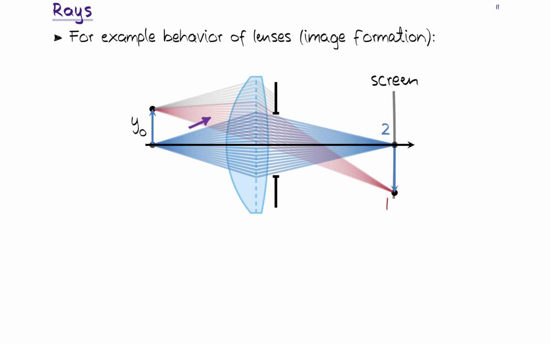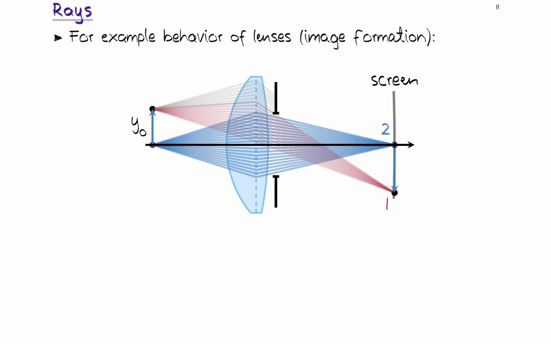These kinds of processes can be understood quite well using the ray description of light. We don't need to deal with diffraction most of the time, but rather can use simple calculations and draw quite simple figures to understand what happens. This is nice, and it really works quite well.